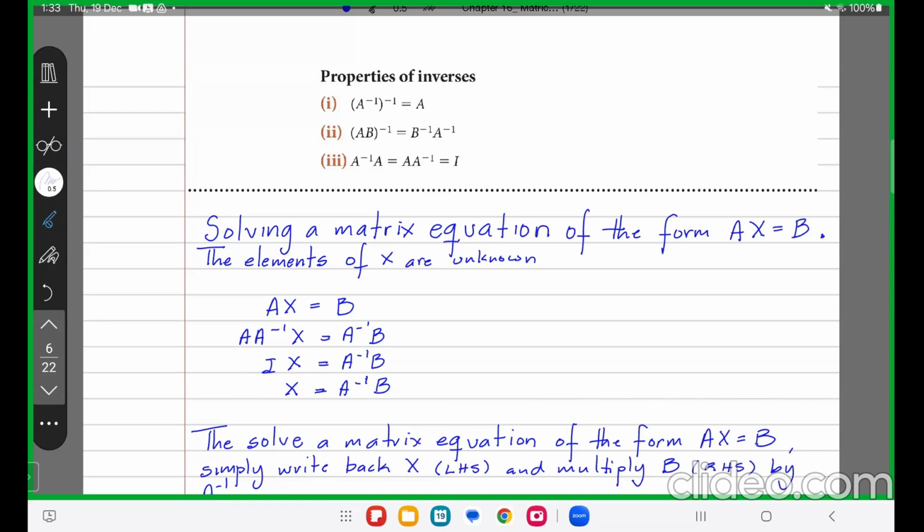And A inverse times A is equal to A times A inverse, which is equal to I. In other words, if you multiply a matrix and its inverse, you're going to get the I matrix.